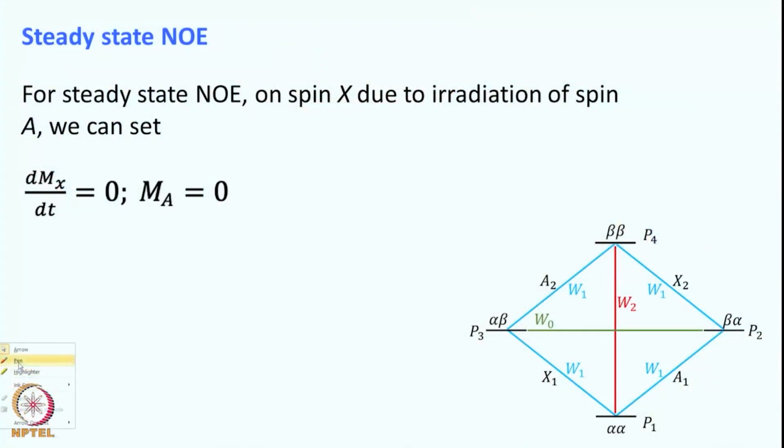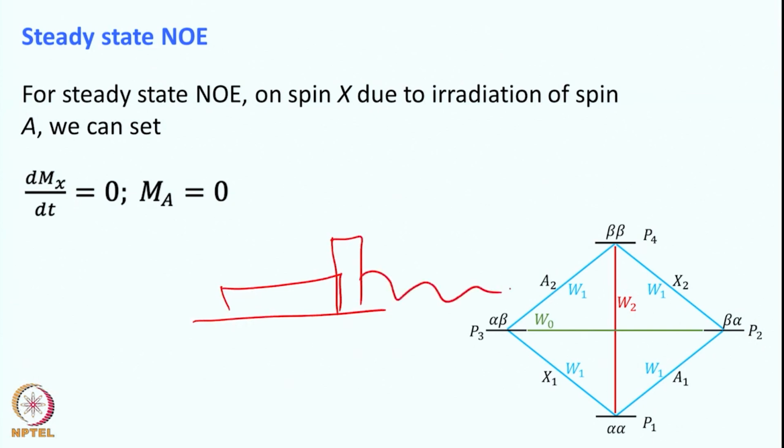If we can see that, then one can find out what will be the case for steady state NOE. In steady state NOE, we had two spins, one spin was A, another spin was X, one spin was saturated, and we look at the effect of that saturation on the other spin. Just to remind you, we are doing experiments like this: we apply a saturation pulse and look at the response to that perturbation.